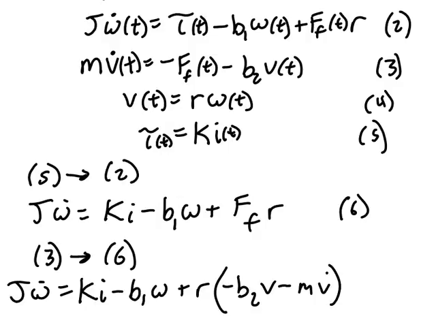So I've gotten rid of the force of friction here. However, I still can't use this equation 7 directly in my state space representation. Can you see what's wrong here that won't let me use this? V dot is a derivative of a state variable, but it is not a state variable itself.